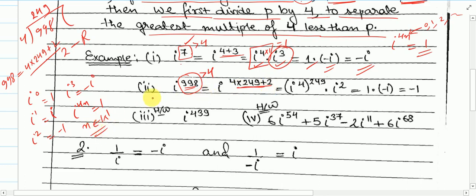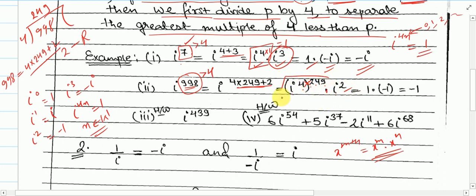Then using this law, you can write i to the power 4 into 249, and here i squared.